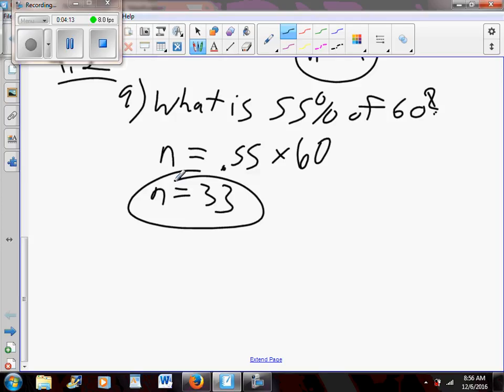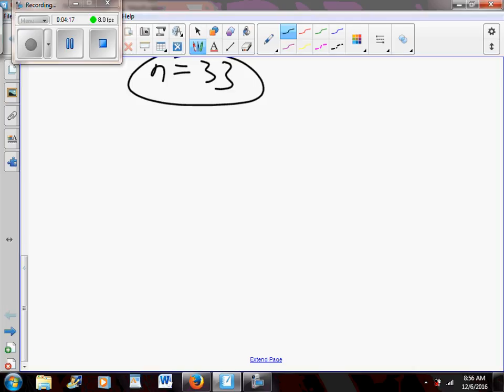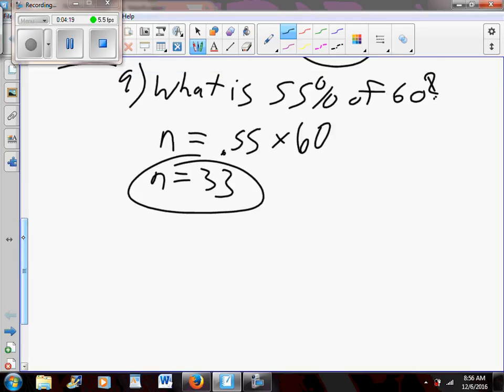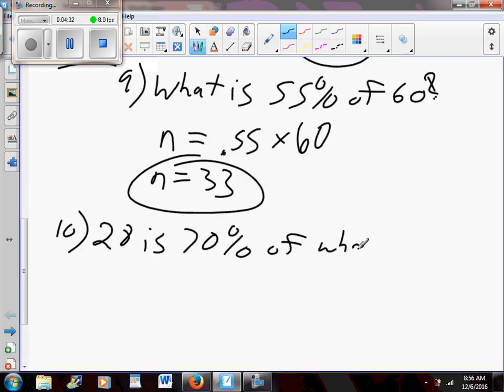Now let's do one more as a group. This one is going to be organized a little differently. Number 10: 28 is 70% of what number?